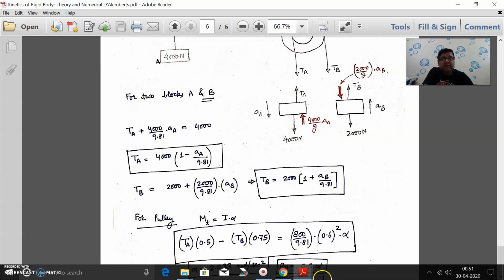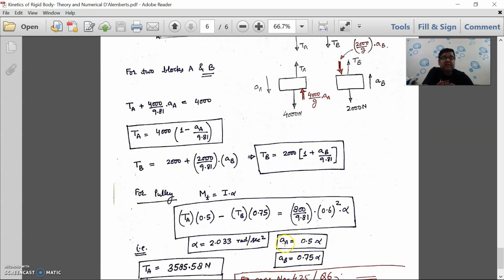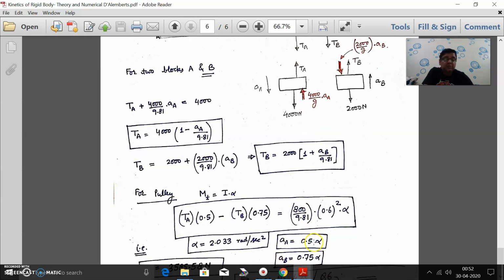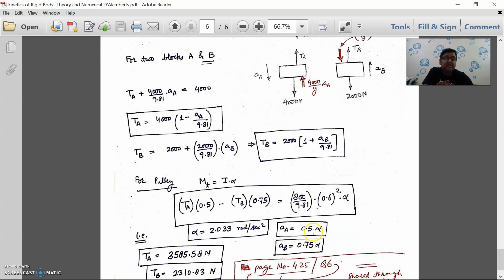We know that aA is equal to 0.5 multiplied by alpha, because linear acceleration is equal to radius multiplied by angular acceleration. So aA is 0.5 into alpha, and aB is 0.75 into alpha.